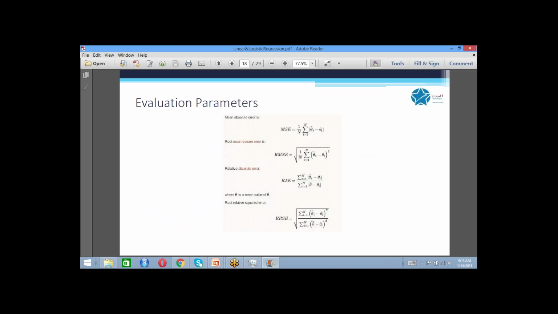We can just do a mean absolute error, which is basically the absolute distance between the points, and then you sum up and get an average.